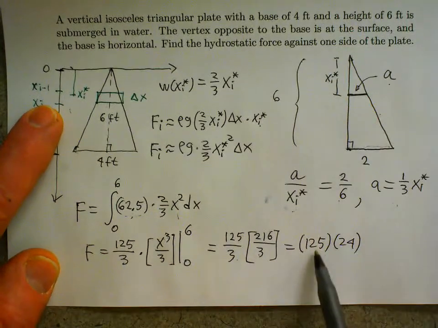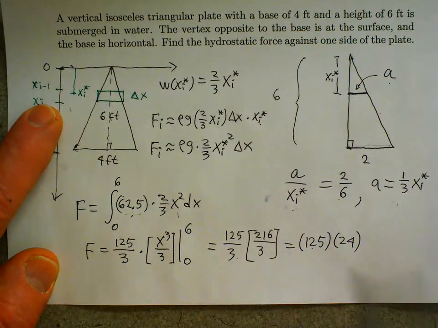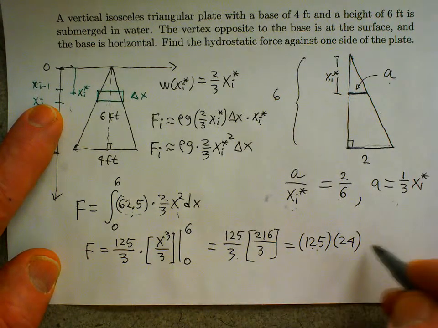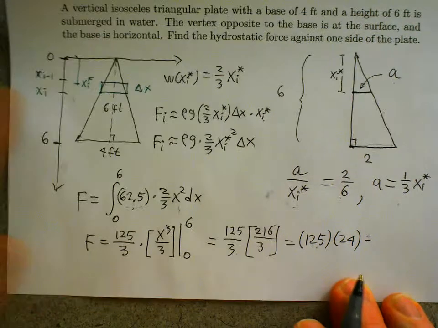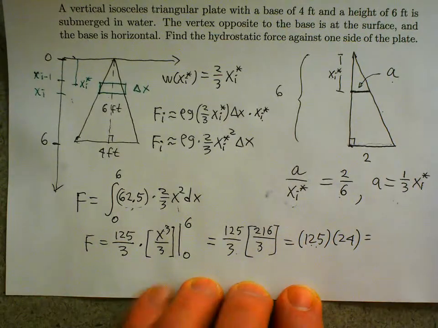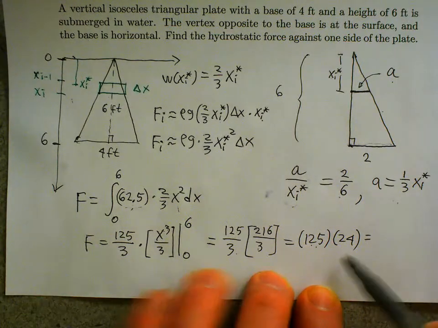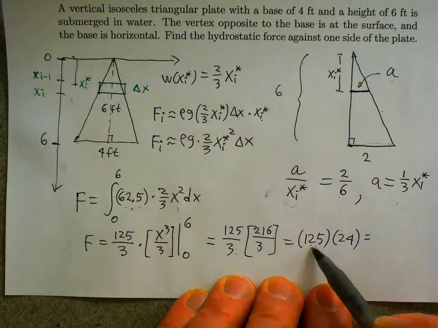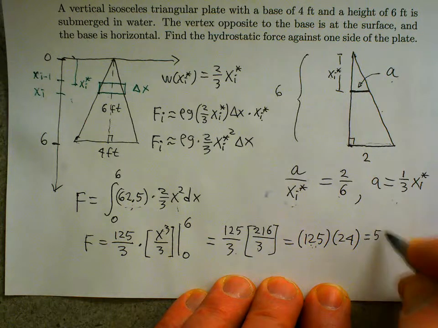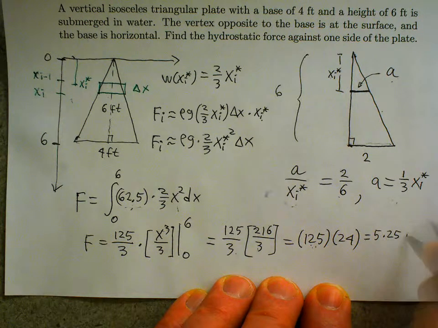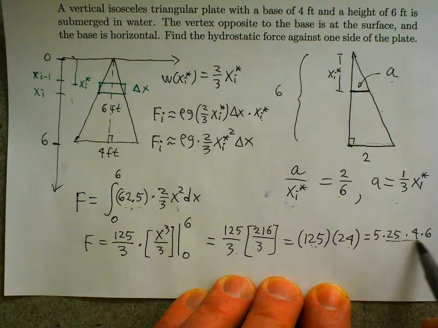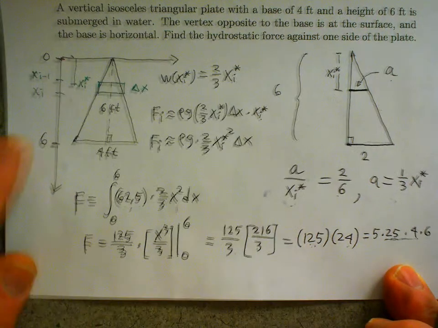So notice 125. This is just something you can do if you don't want to think too hard. 125 is 5 times 25. 24 is 4 times 6. And in the middle, 25 times 4 is 100.